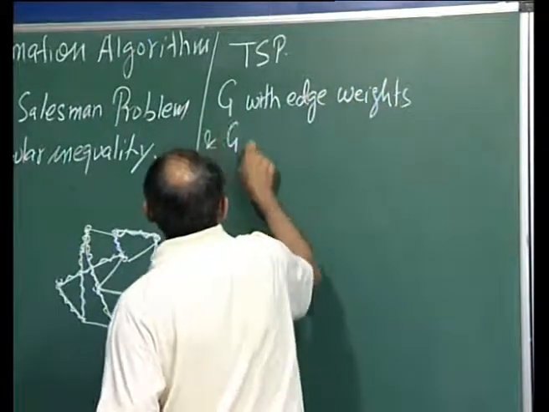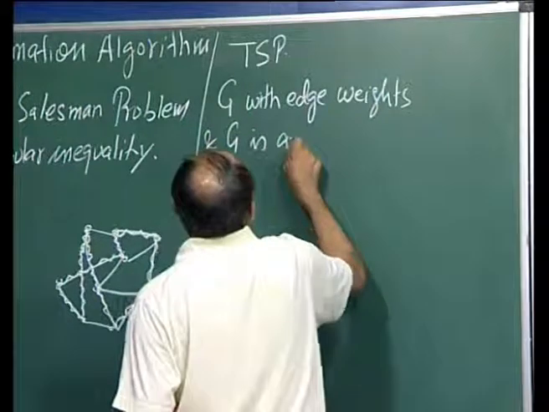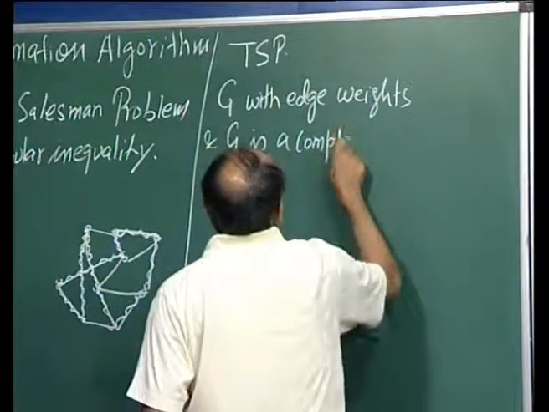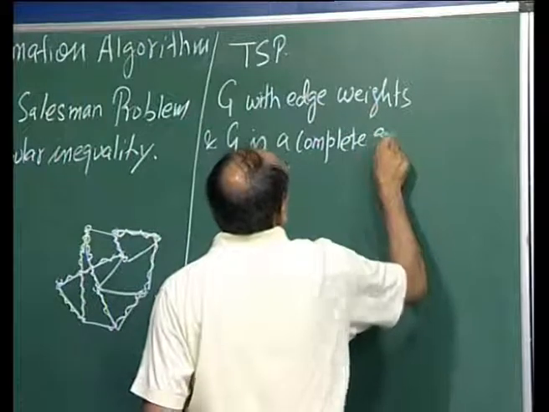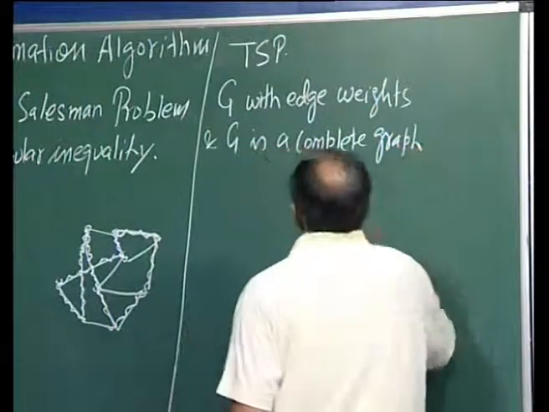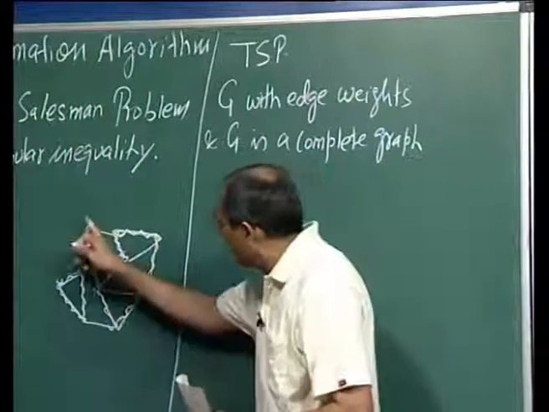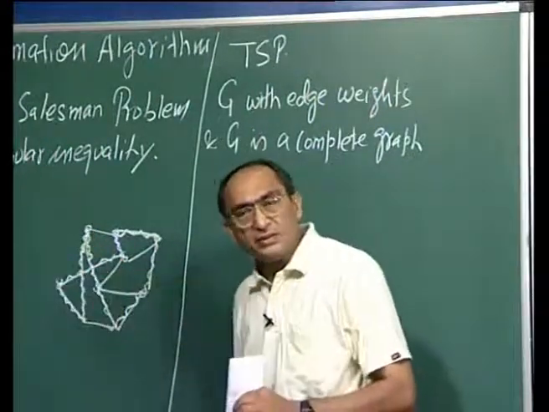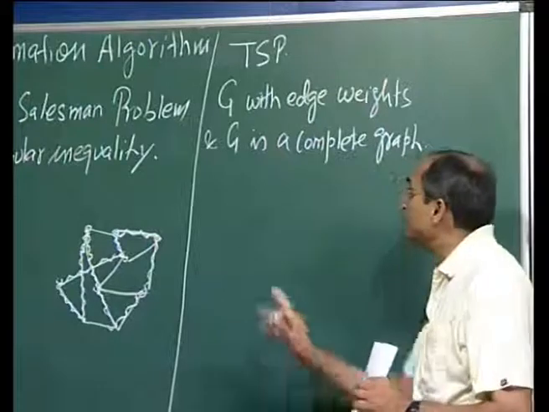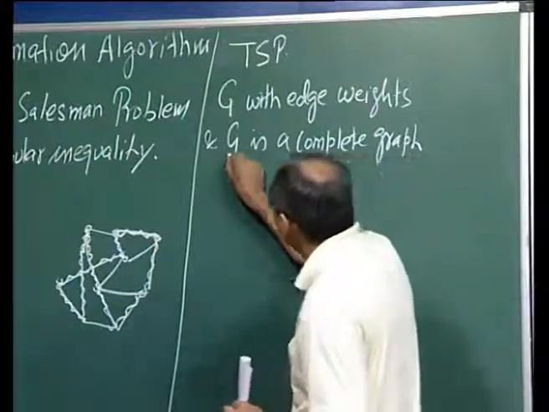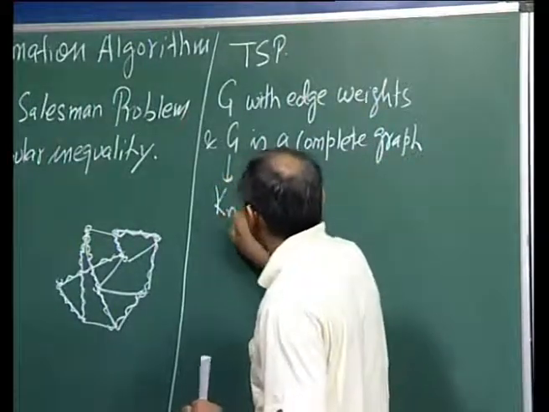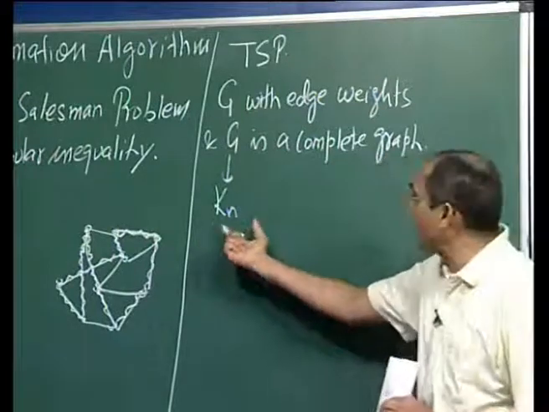And G is a complete graph. A complete graph is one in which there is an edge between every pair of vertices. It is also known as Kn. G is a Kn, complete graph on n vertices.